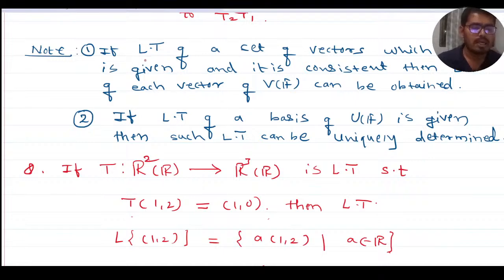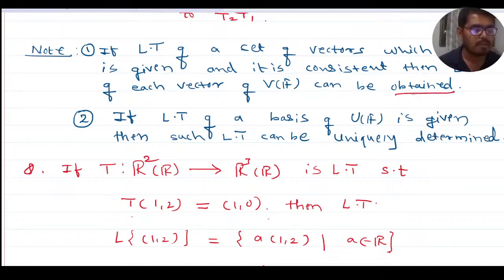If the linear transformation of a set of vectors which spans V is given, suppose they give you the linear transformation and a subset of V that spans V, you already know the definition of spans V. And if it is consistent, then the linear transformation of each vector of V of F can be obtained.